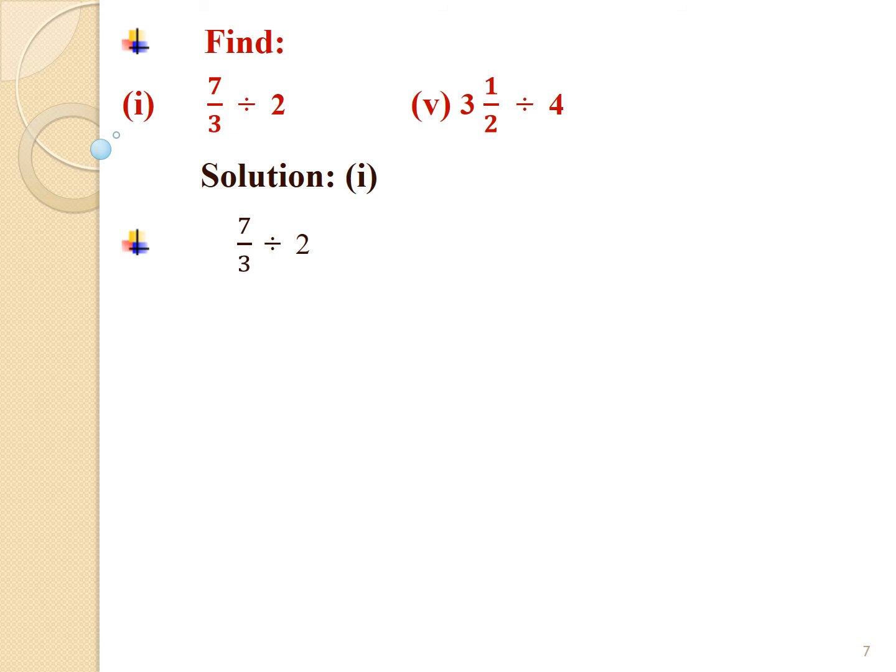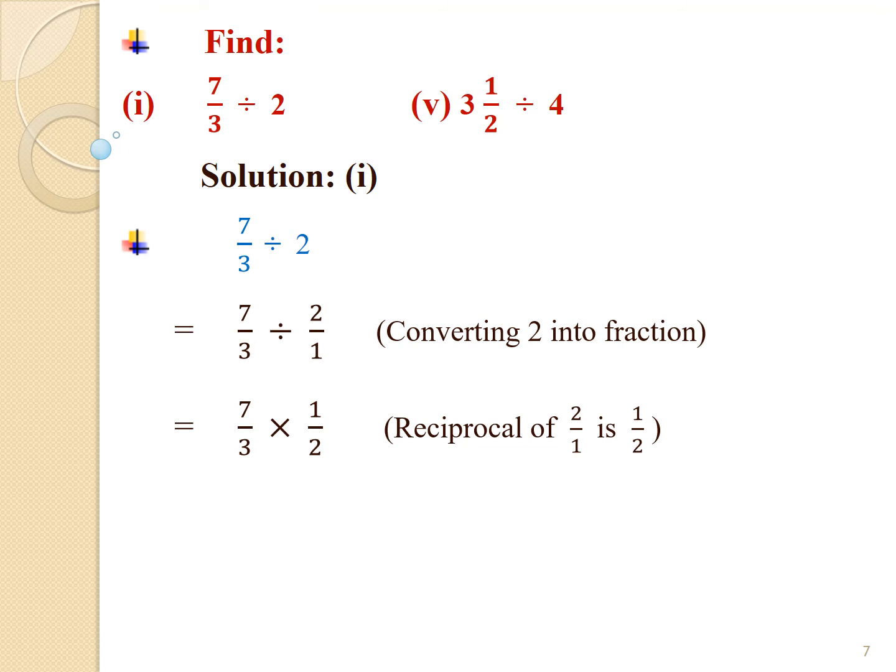So, let us solve question number 3. Sum number 1, 7 upon 3 divide by 2. First, converting whole number 2 into fraction, we get 7 upon 3 divide by 2 upon 1. Now, multiplying dividend 7 upon 3 by the reciprocal of divisor 2 upon 1, we get 7 upon 3 multiplied by 1 upon 2.